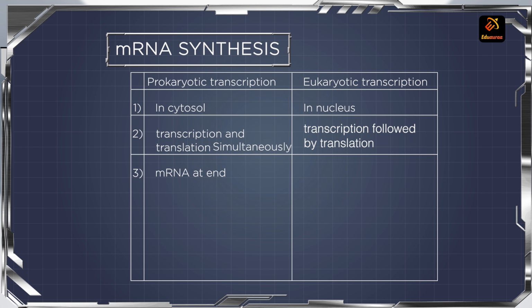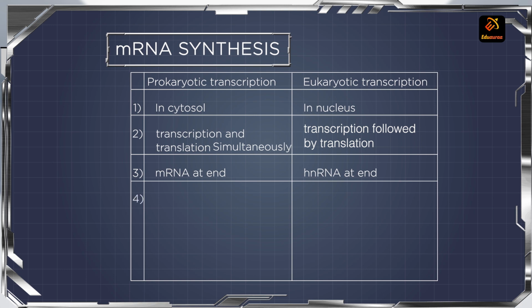What you get is actually the hnRNA, that is the heterogeneous nuclear RNA. So this is also a major difference: you are not getting the properly formed RNA at the end of transcription in the eukaryotes.